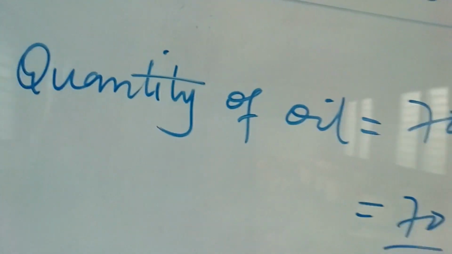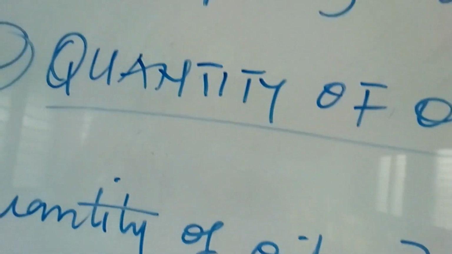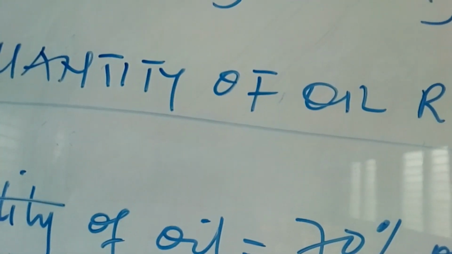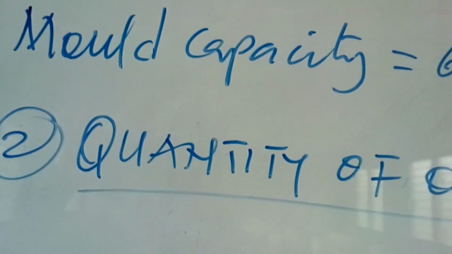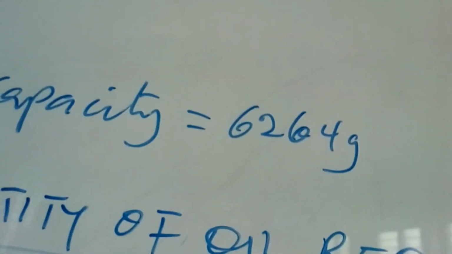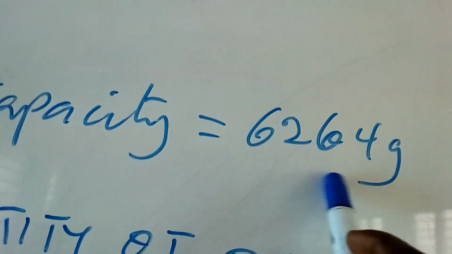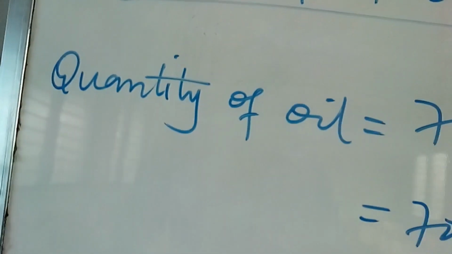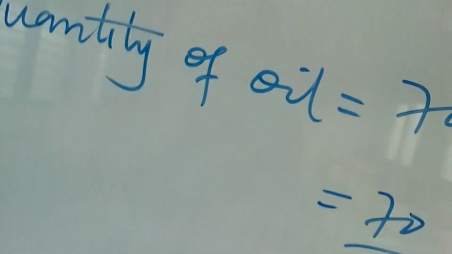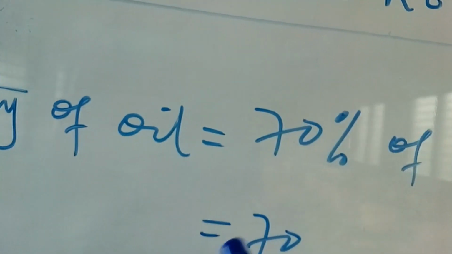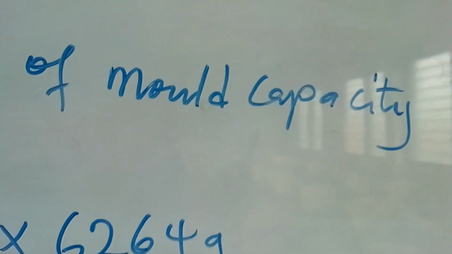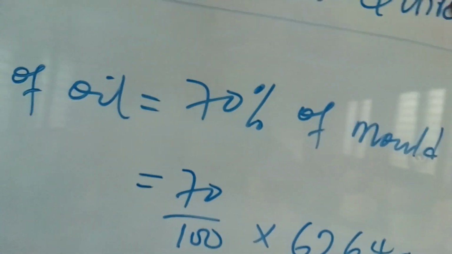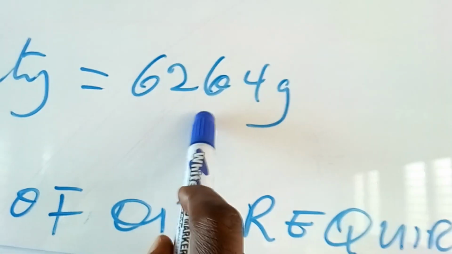Okay, step 2. In step 2, we'll find our quantity of oil required. We've already found in step 1 that the mold capacity gave us 6264 grams. Now, the quantity of oil required is equal to 70% of the mold capacity.